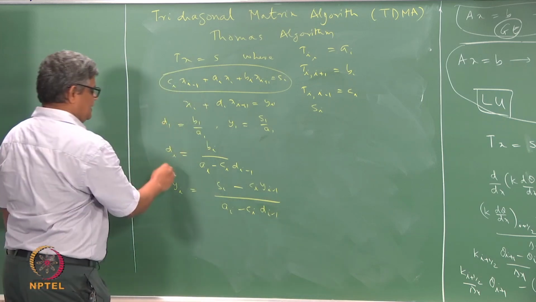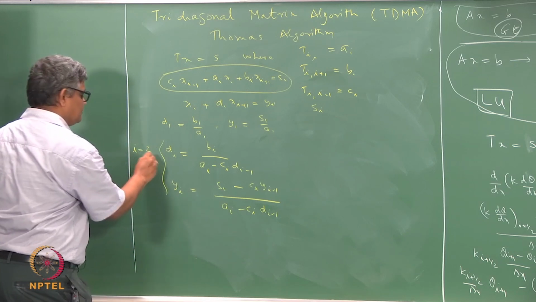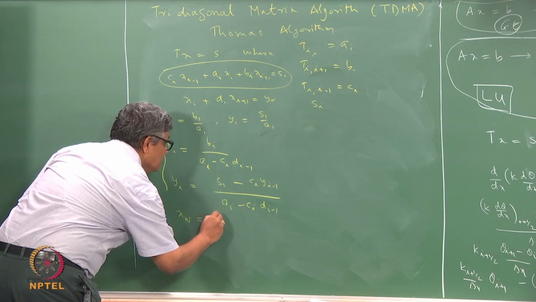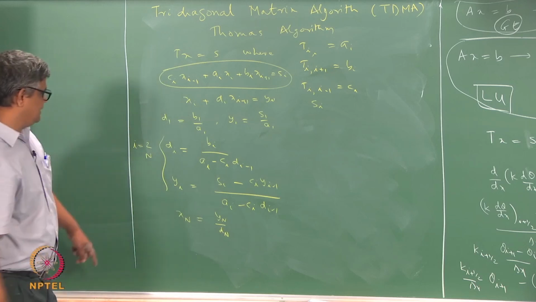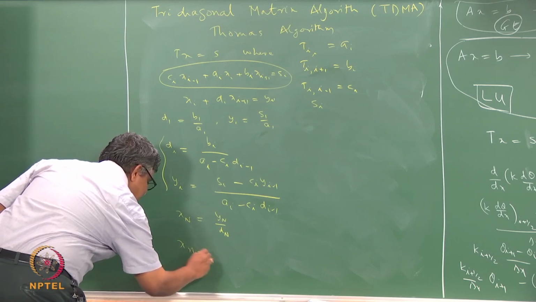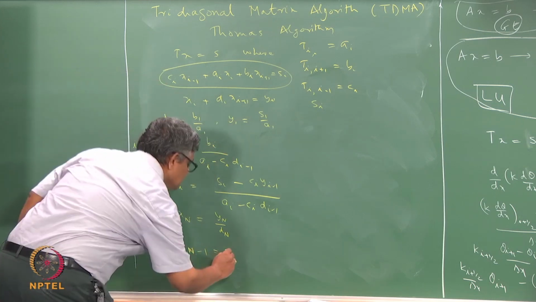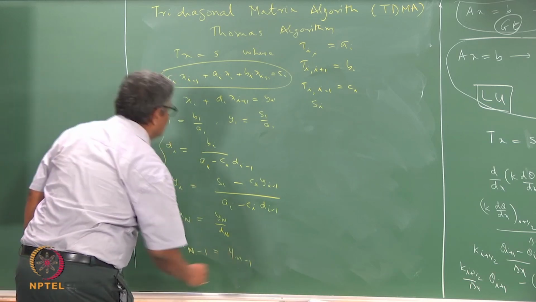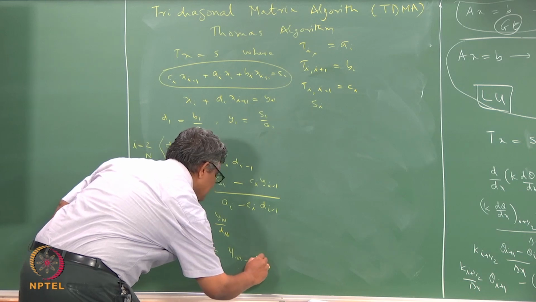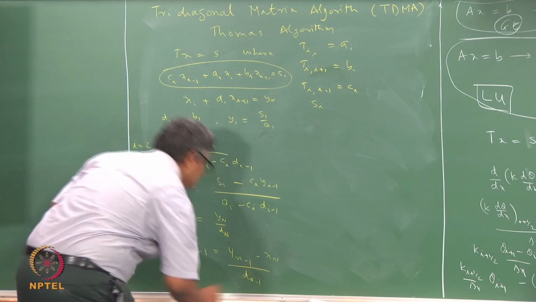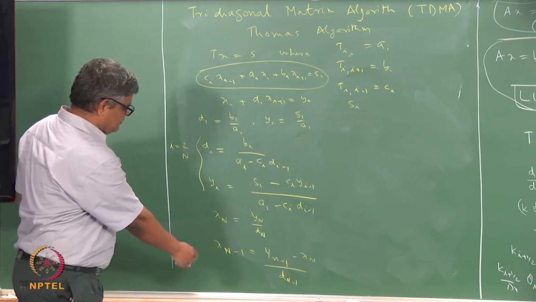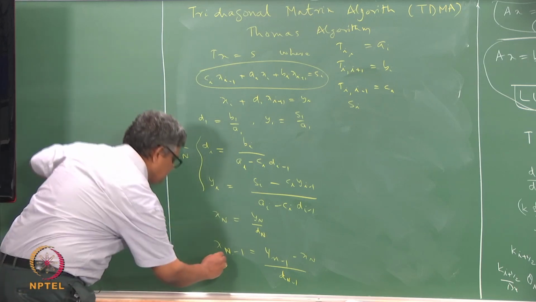So, we start with this and then we evaluate all this from i equal to 2 to n, and once you have this, you can then back substitute by saying xn is yn by dn, and then we can write xn minus 1 is equal to yn minus 1 minus xn divided by dn minus 1, and so on. We can go through this until we go from xn all the way to x1.